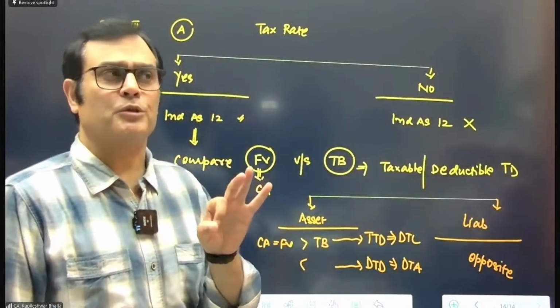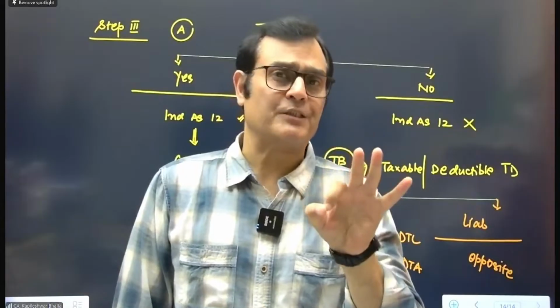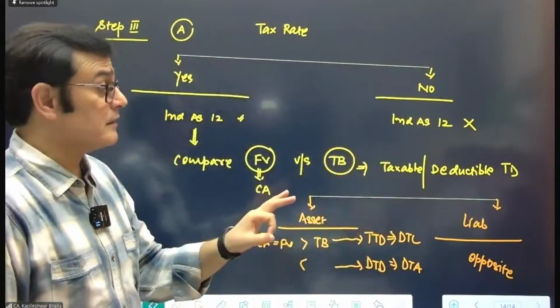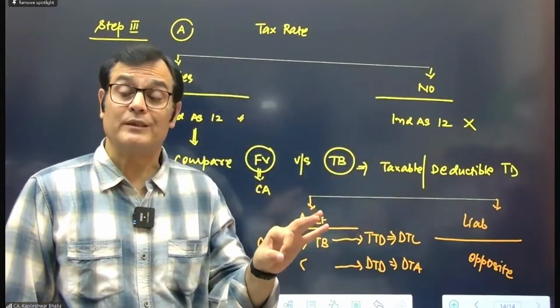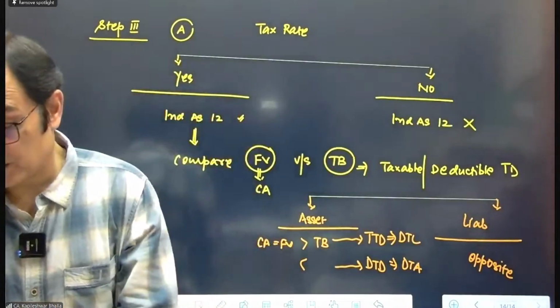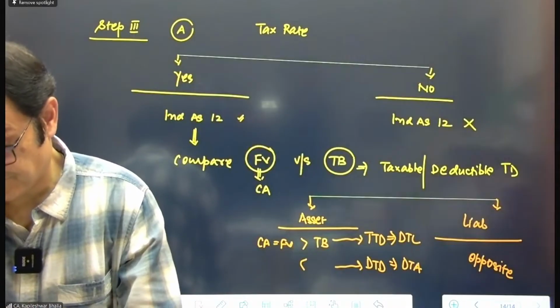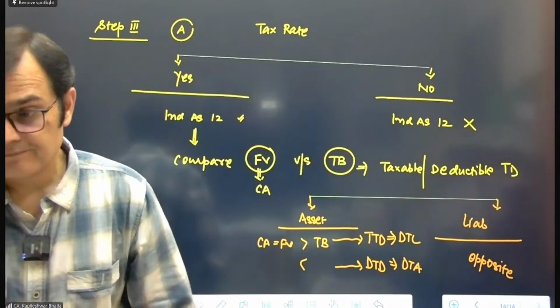When you confront a question, the first thing is to look for the presence of a tax rate. You can get the taxable or deductible differences, and get a DTA or a DTL. Do you want me to do a small question on this area, or can we go to step number 1B? Yeah, we will have some small questions, sir.